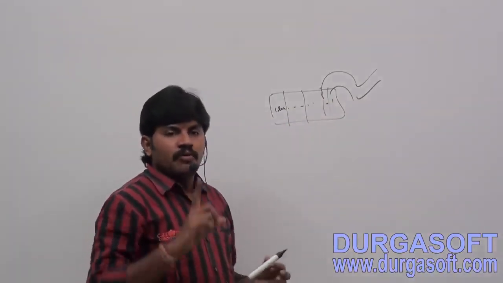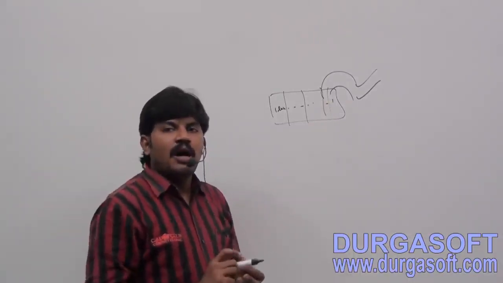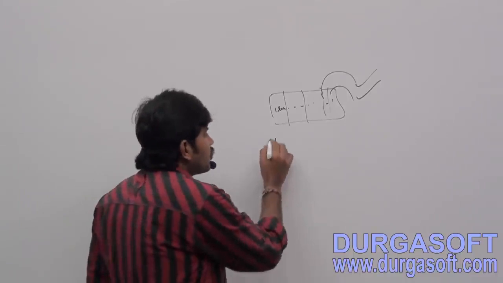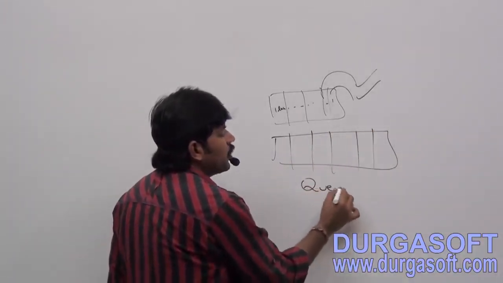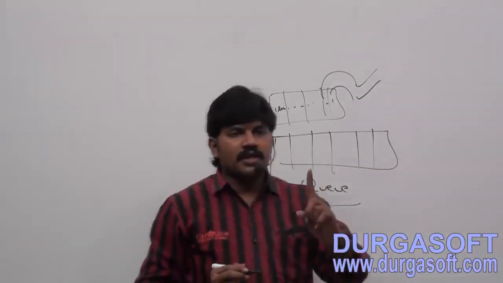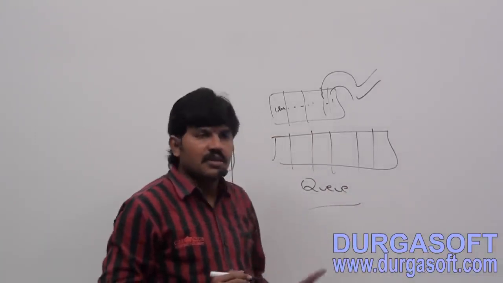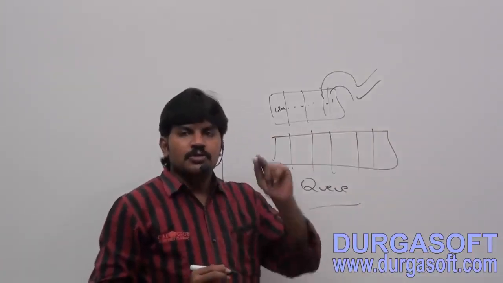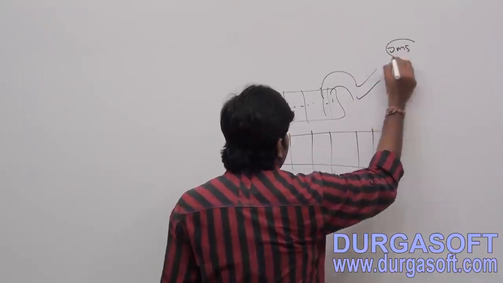Same way, I want to send one mail to 1 lakh members. All 1 lakh mail IDs I have to store somewhere. The best suitable data structure for that is the queue concept, right? Prior to processing, if you want to represent a group of objects, then we should go for queue. In your advanced topics, somewhere the JMS concept is there.